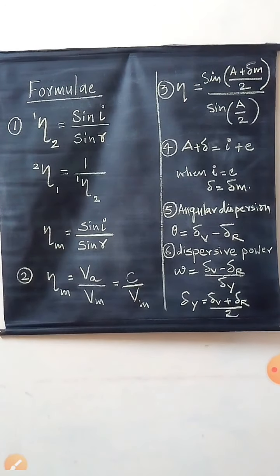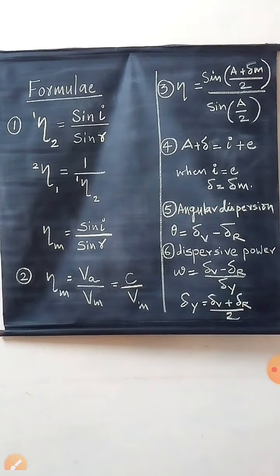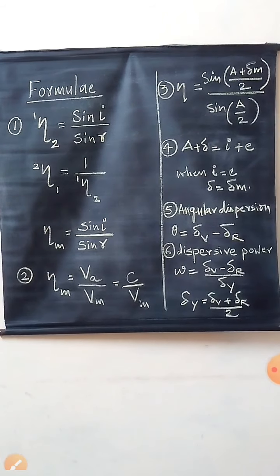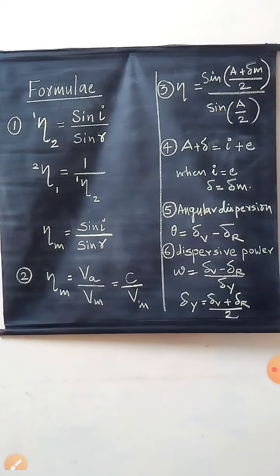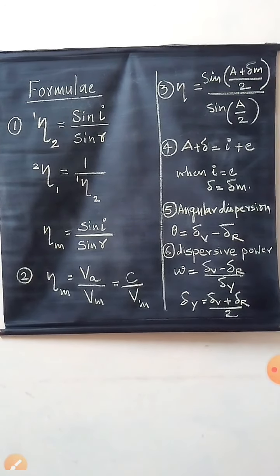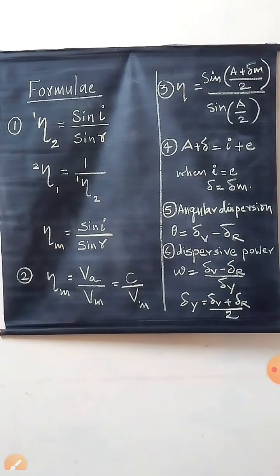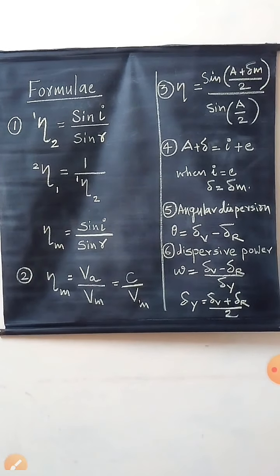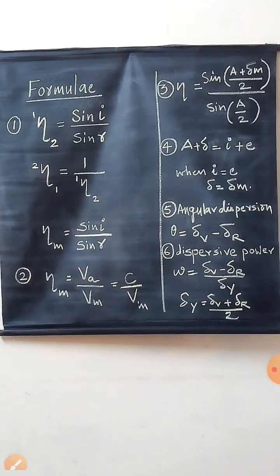Formula number 5 is the formula for angular dispersion theta. It is the difference between angle of deviation for the extreme two colors in the spectrum emerging out of the prism. So if violet and red are the extreme colors, then angular dispersion is delta V minus delta R. The next formula 6, dispersive power.